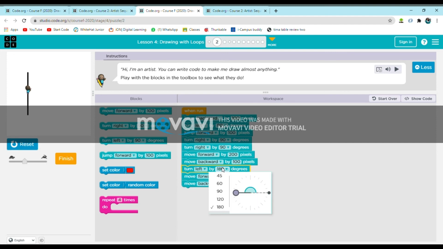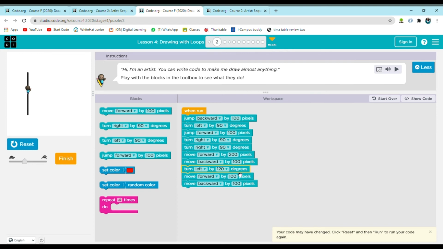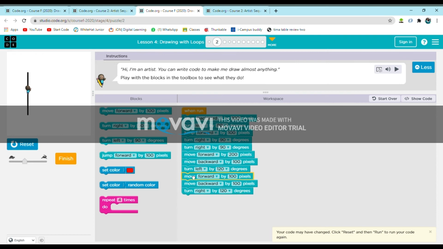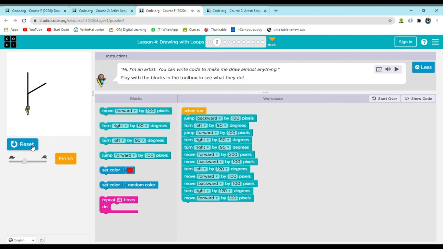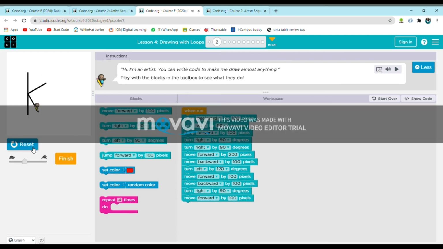It's not drawing well, I'll give 120 only. And turn right by 120 again and then move forward by 100 pixels. Let us see what's happening now. No, it is not working. I'll give 90 here and check. It's working. Let us go to the next challenge.